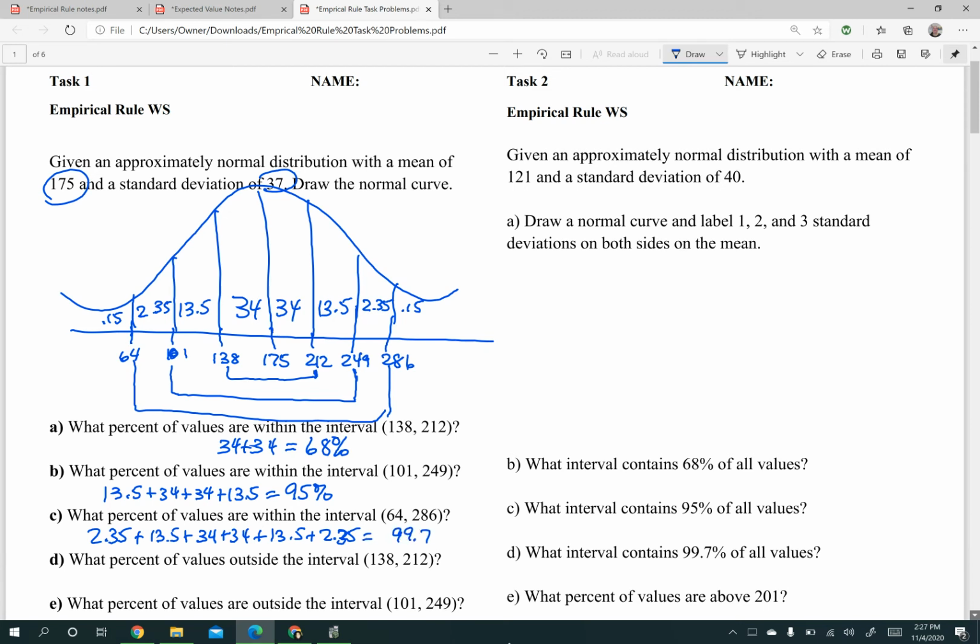And those are 1 standard deviation, 2 standard deviations, 3 standard deviations. Well, now it says what percent of values are outside of the interval from 138 to 212. Well, if within is 68%, we can say 100 minus 68%. So 100 minus 68% is 32%.